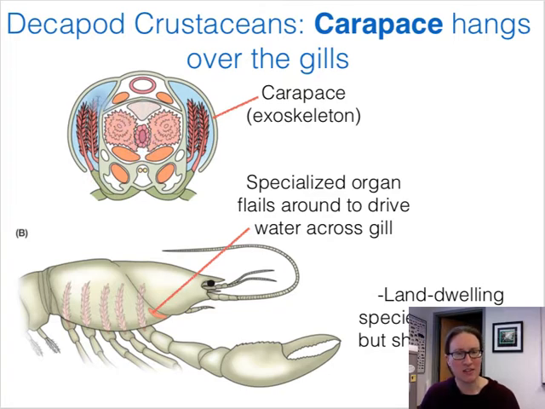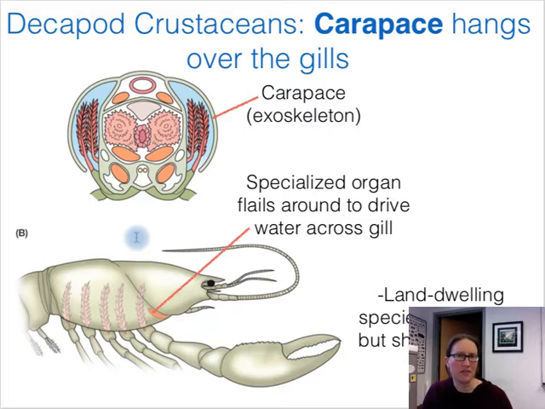And so these gills can float around in these cavities, and then lobsters will move water across the gills using a specialized organ that's located nearby. This organ just kind of flails around, and that facilitates the flow of water across these gills. So not particularly sophisticated, but it gets the job done.